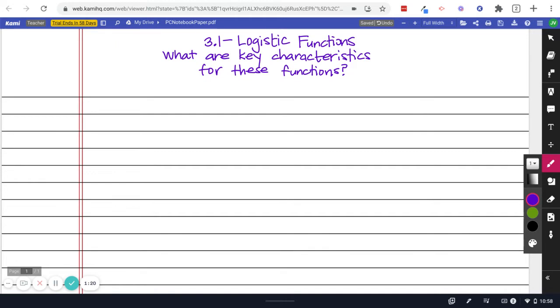And for us, we are going to be looking mostly at logistic growth.